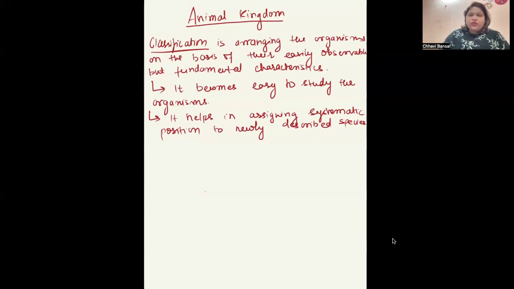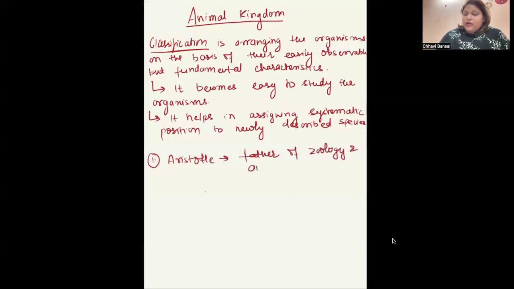Clear? Any doubt? Now we are going to talk about important scientists. We do not need to remember each and everything, but the scientist Aristotle is called the father of zoology and ancient taxonomy.